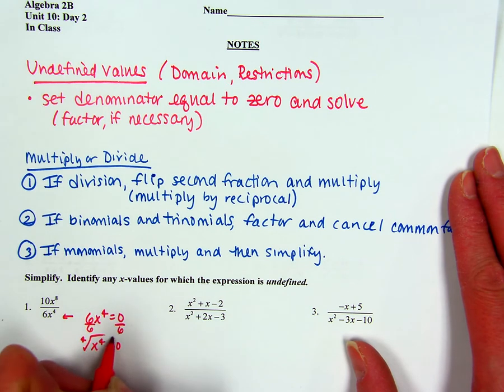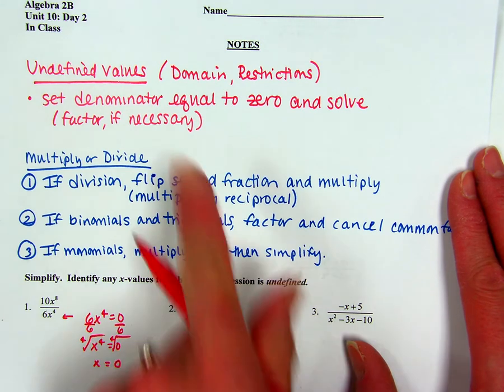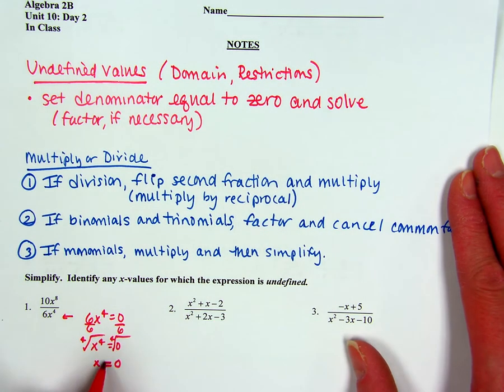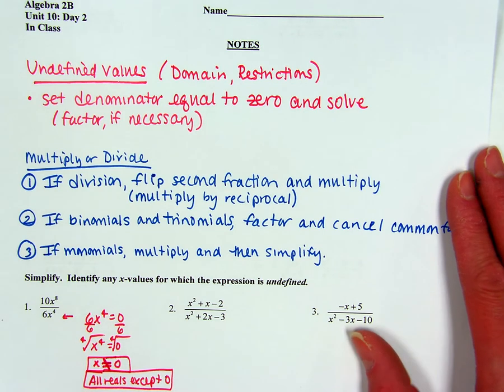And to undo a 4th power, I take the 4th root. So the 4th root of 0 is just 0. So this tells me that I cannot have, so you're just going to change this to a not equals, x cannot equal 0. Another way to say that is all real numbers except 0. But I think for now we're just going to go with the not equal sign.